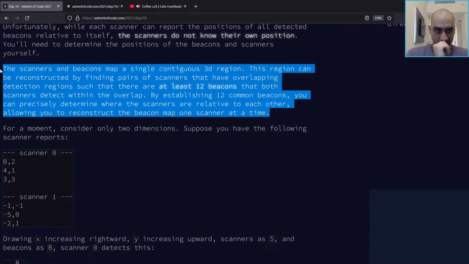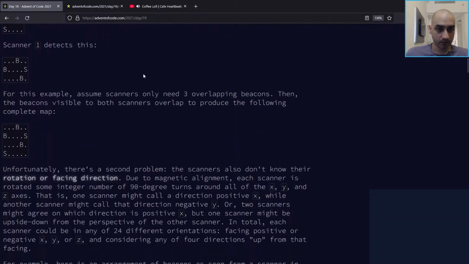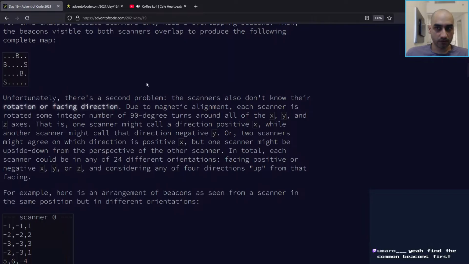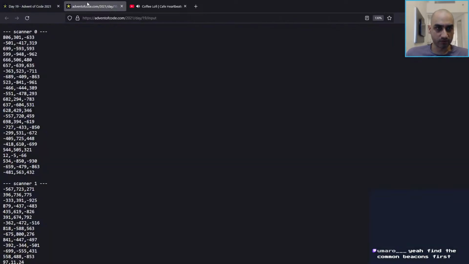It says finding pairs of scanners that have overlapping regions, but we don't know... Okay, read on. Find the common beacons first. But that's impossible. Like, it's all relative.